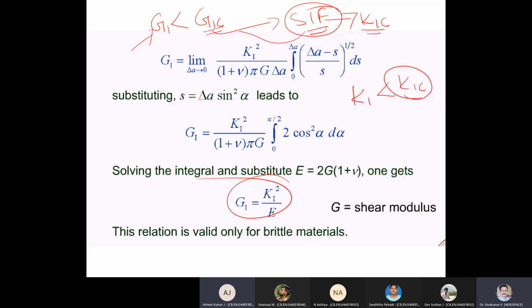These are all the fundamentals. How Rice found the J integral is through this only. Once you know this, you can deal there. You are supposed to know this and that, because when you come across the J integral, it's an energy release rate. But how is that energy release rate to be found?